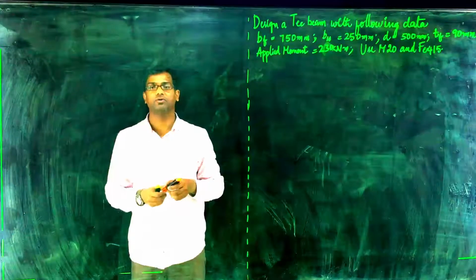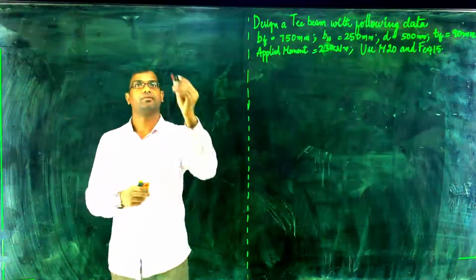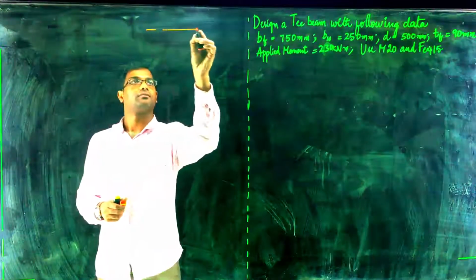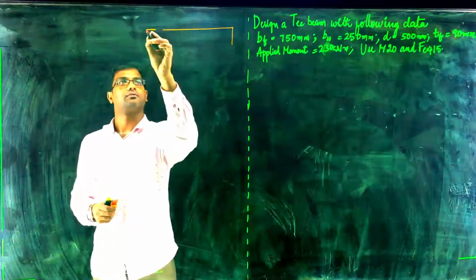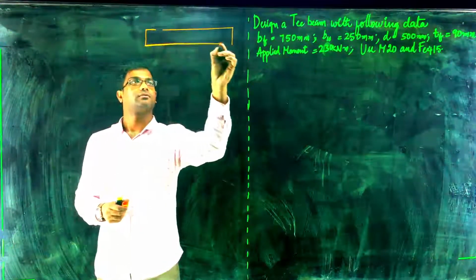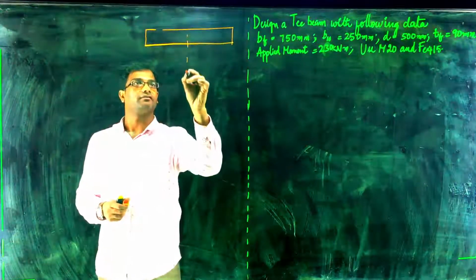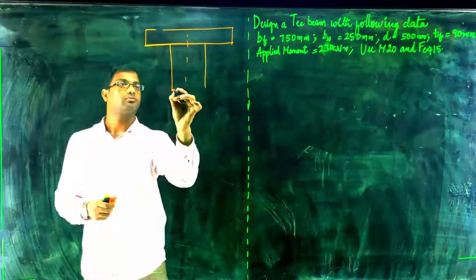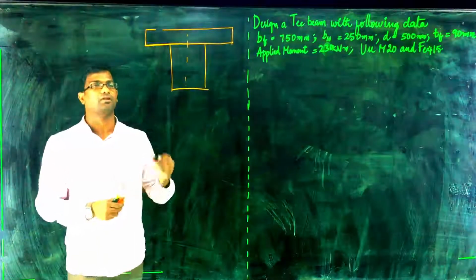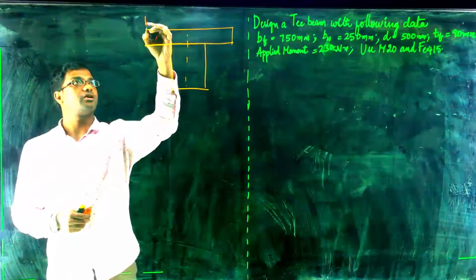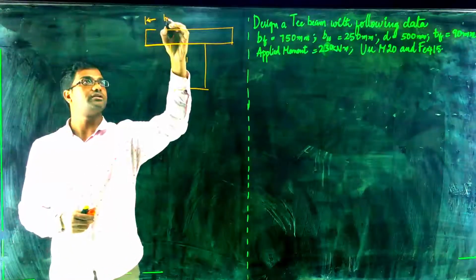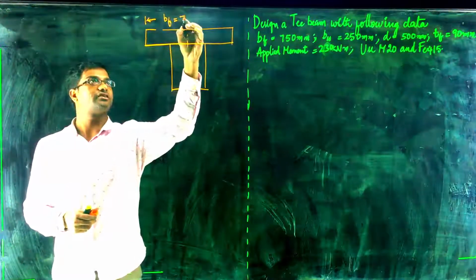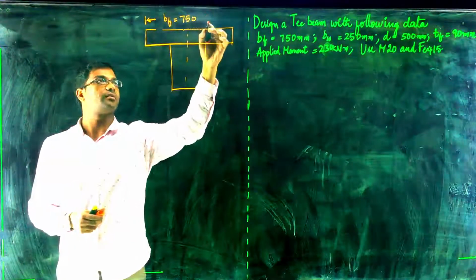So if you happen to notice the T-beam, we have it here. This is the T-beam which I am talking about. The top width is called B, breadth of flange, which is given as 750 mm.